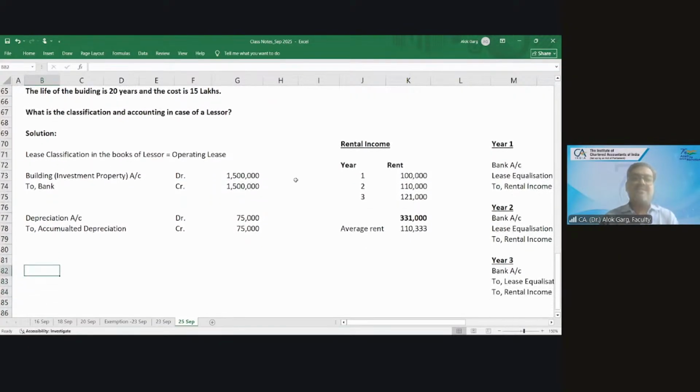So now let's discuss the second concept, which is more important and which is more elaborative: finance lease. The concept of finance lease.